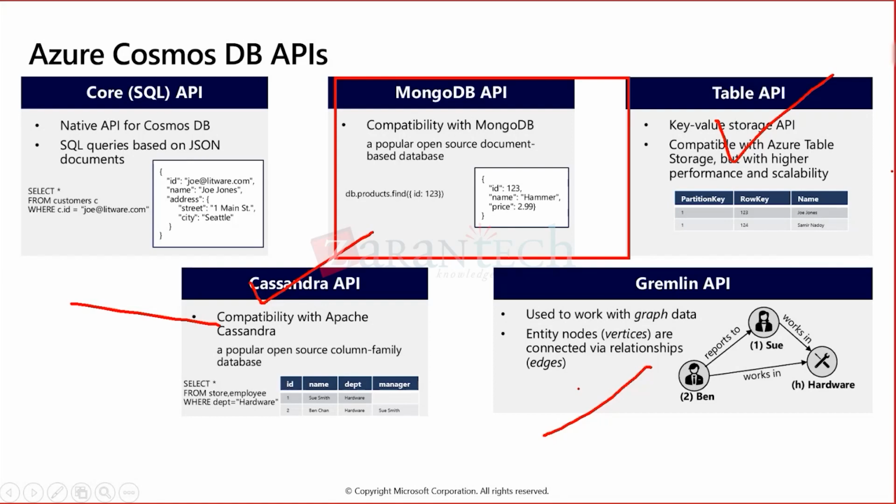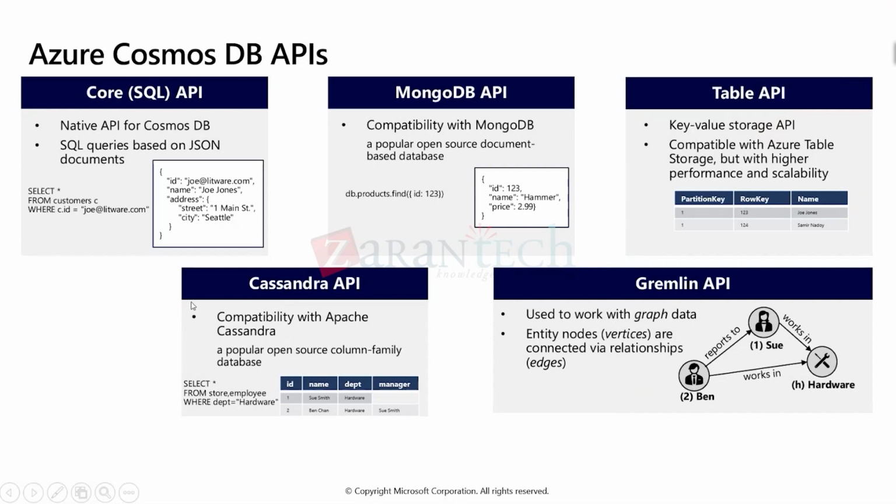They use graph traversal and graph queries, how the nodes are related with each other, what the relationships or edges between the nodes are. That stores all the data in GraphSON format.